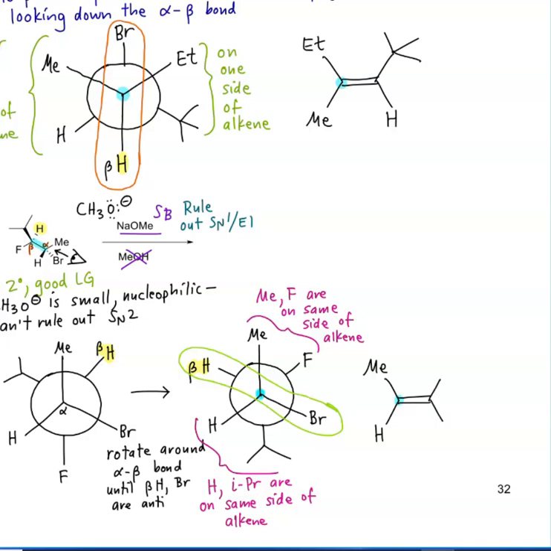And the fluorine and the isopropyl group are both attached to that back carbon. The isopropyl group is on the same side as the hydrogen, as we can see from the Newman projection, and the fluorine is on the same side as the methyl group. So this is the correct product of the reaction.